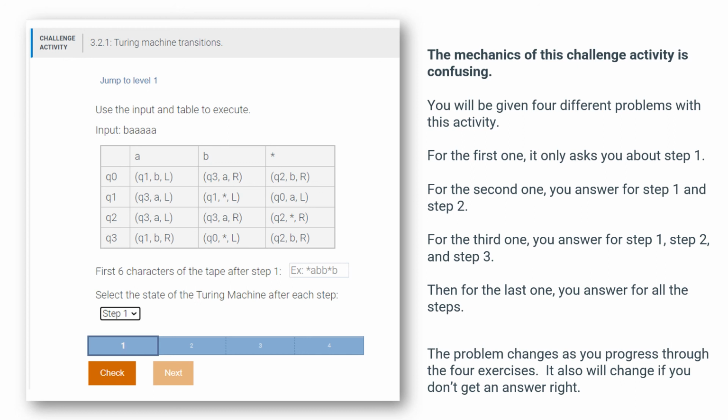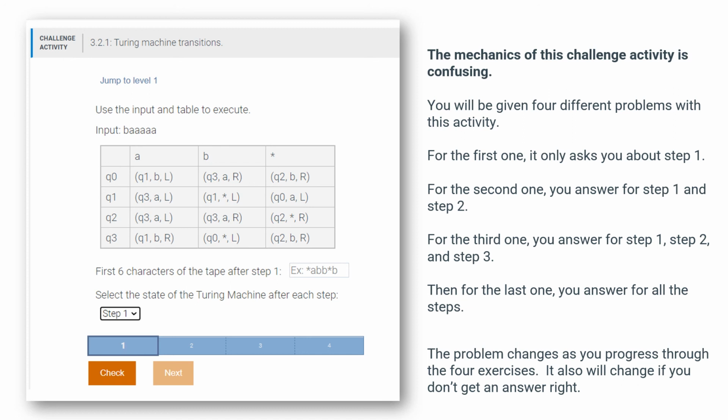So what the Turing machine would do is a bunch of steps. We start at the first one, then go to the right maybe and do another one, and you're going to do it over and over. For this first problem, it's only going to ask you what's the state of the Turing machine after step 1.